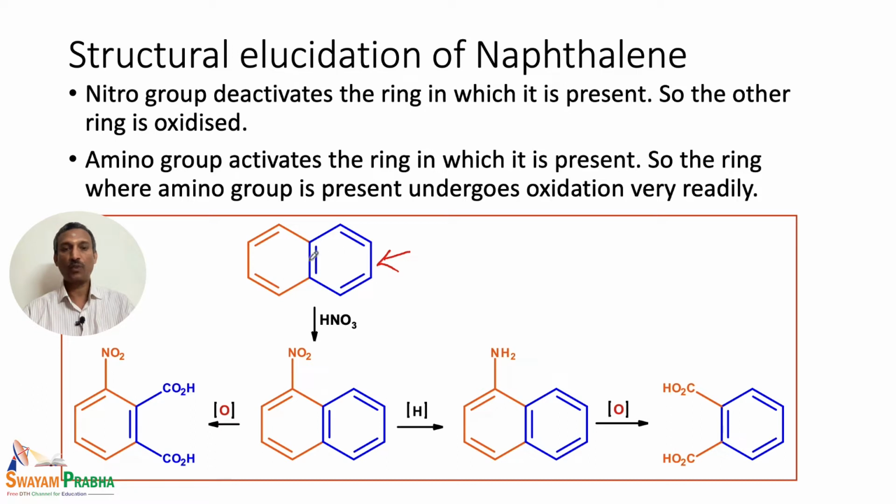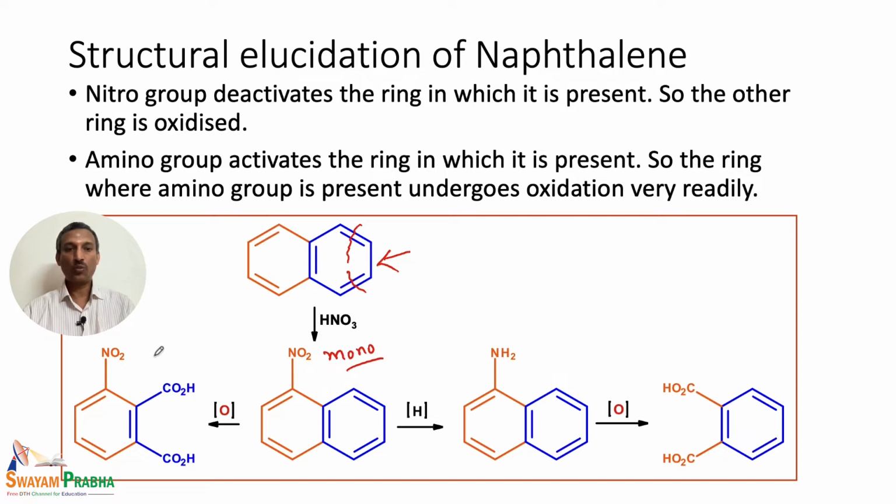If we assume that there are two rings present, the nitration leads to a mononitro derivative as shown here. This mononitro derivative on oxidation leads to nitrophthalic acid. So that means the orange ring is retained and the blue ring is broken. This is where the oxidation takes place, which leads to the dicarboxylic acid, and the nitration happened in one of the rings.